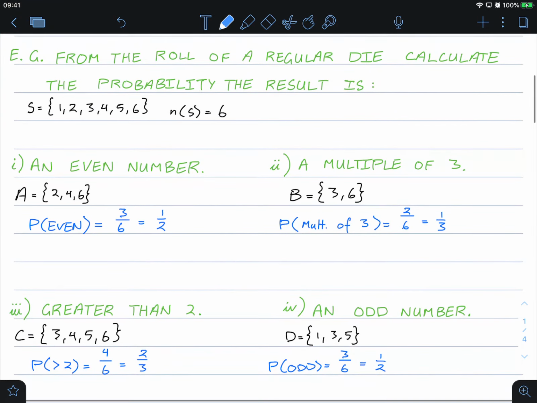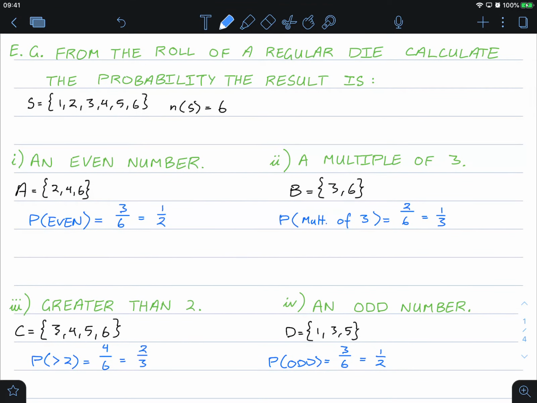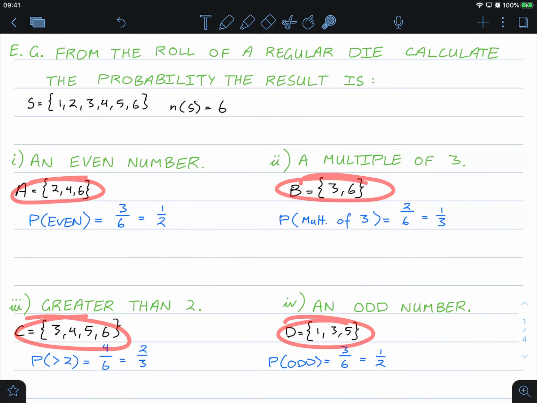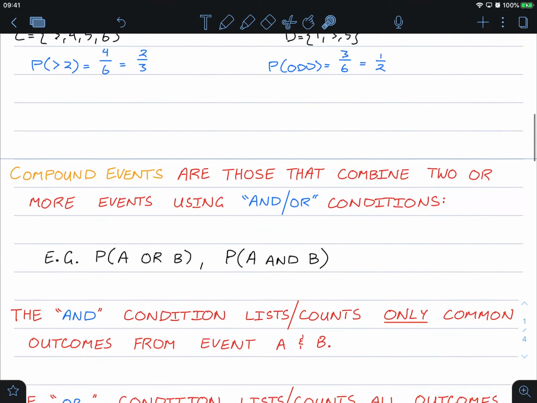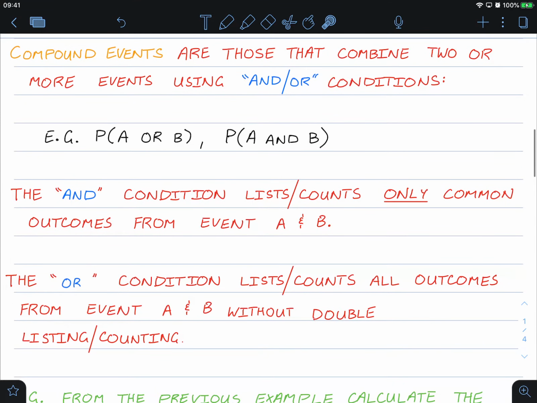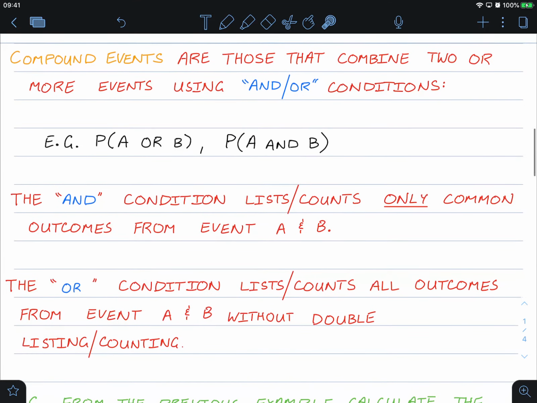So this is what you may already know about probability, except we're adding an extra layer of calculation to it. Once again, you don't have to do that, but you'll see now, it'll make it a lot easier for what's known as compound events.